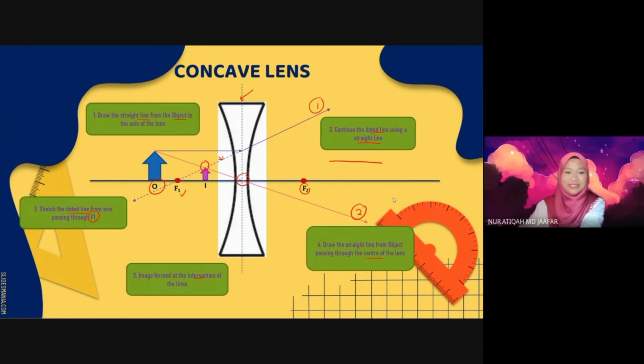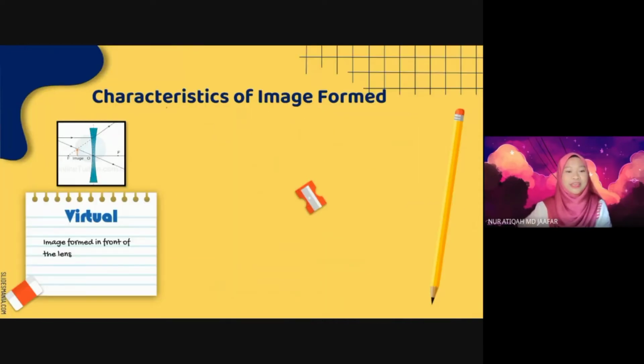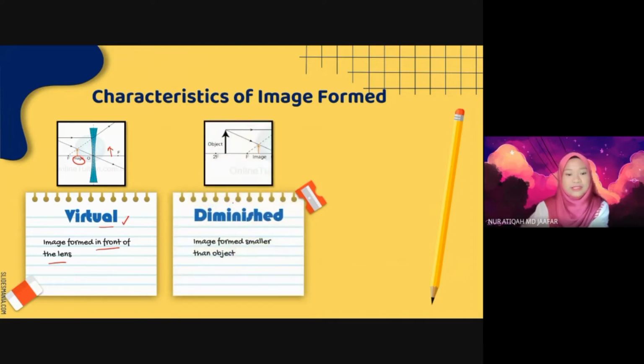Now, same as just now, we will take a look at the characteristics of the image formed. The first one is virtual. Why? For a convex lens, the image forms behind the lens. But for a concave lens, the image forms in front of the lens. Here. So we can say that the image formed is virtual. And the second one, the image formed is diminished.